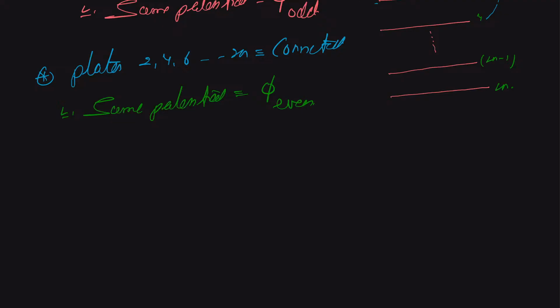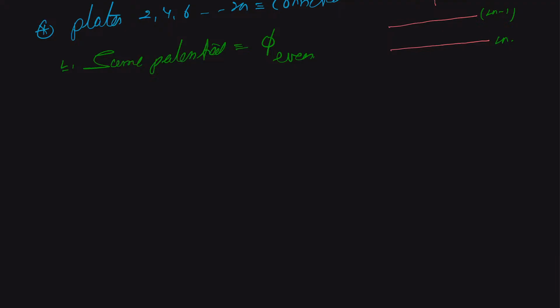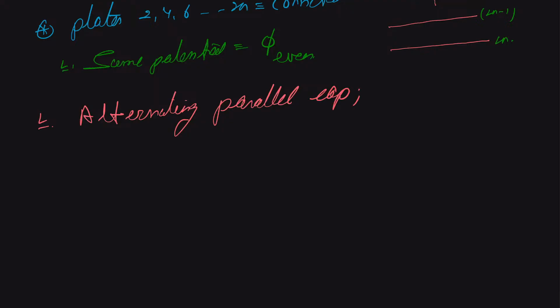Therefore, this creates basically alternating parallel plate capacitors between two compound electrodes. So in general, we can define this entire setup as alternating parallel capacitors between two compound electrodes.